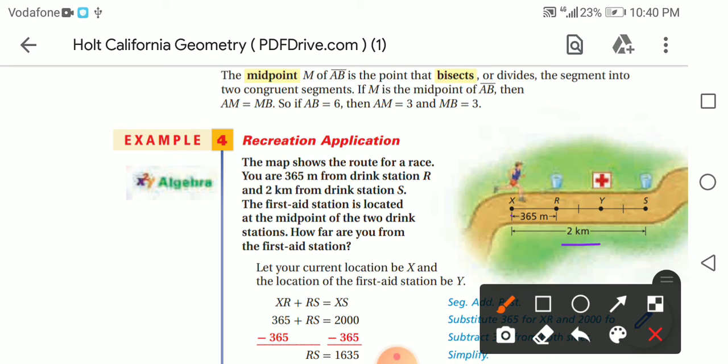Here I have two different units, kilometers and meters. 2 kilometers equals how many meters? It gives me 2,000 meters, right? Because every kilometer gives me 1,000.